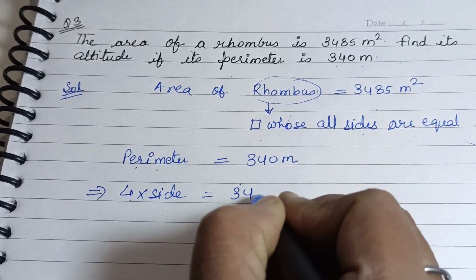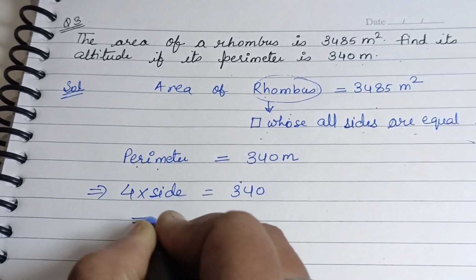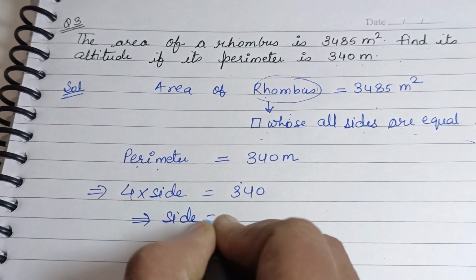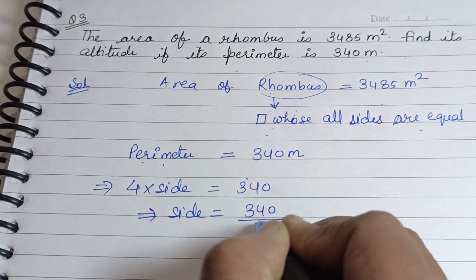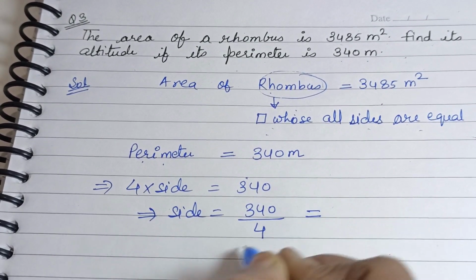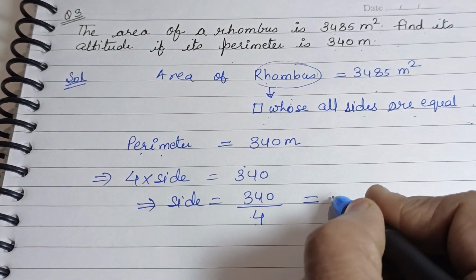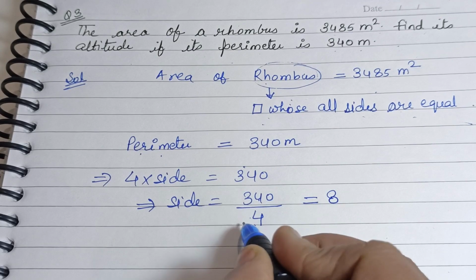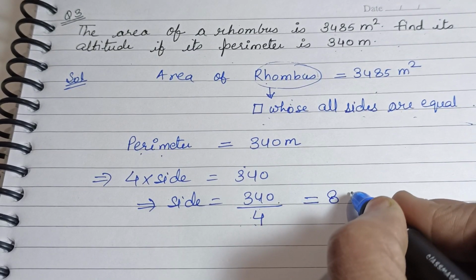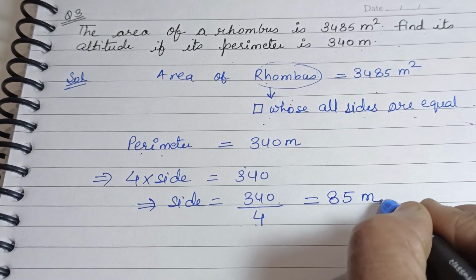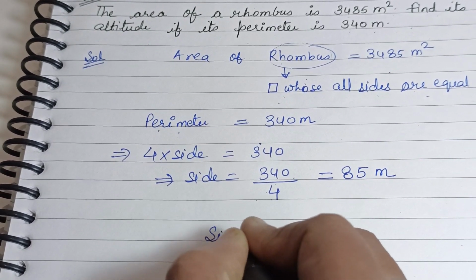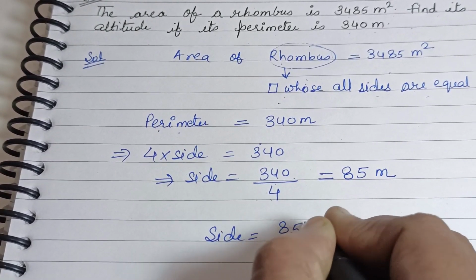Okay, so when you do the 4 into side, you are able to get the value of side. Side will be equals to 340 upon 4. So what it will come? 4 8s are 32, 2 left, 2 and 0. 4 5s are 20. So you are going to get the side. Side is equals to 85 meter.